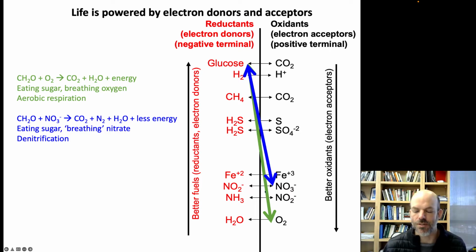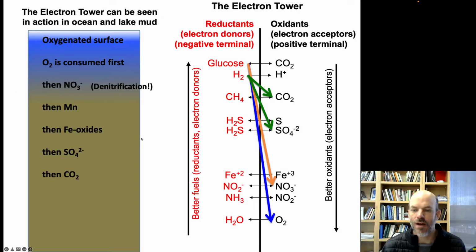Nitrate is usually the first one that the microbial community will go to once oxygen is gone. Things that use nitrate as their electron acceptor are often denitrifiers. That is, they convert that nitrate into nitrogen gas, the N2 molecule. After the nitrate is gone, then the community might use things like sulfate. Sulfate-reducing organisms often produce sulfides and other smelly sulfur molecules.